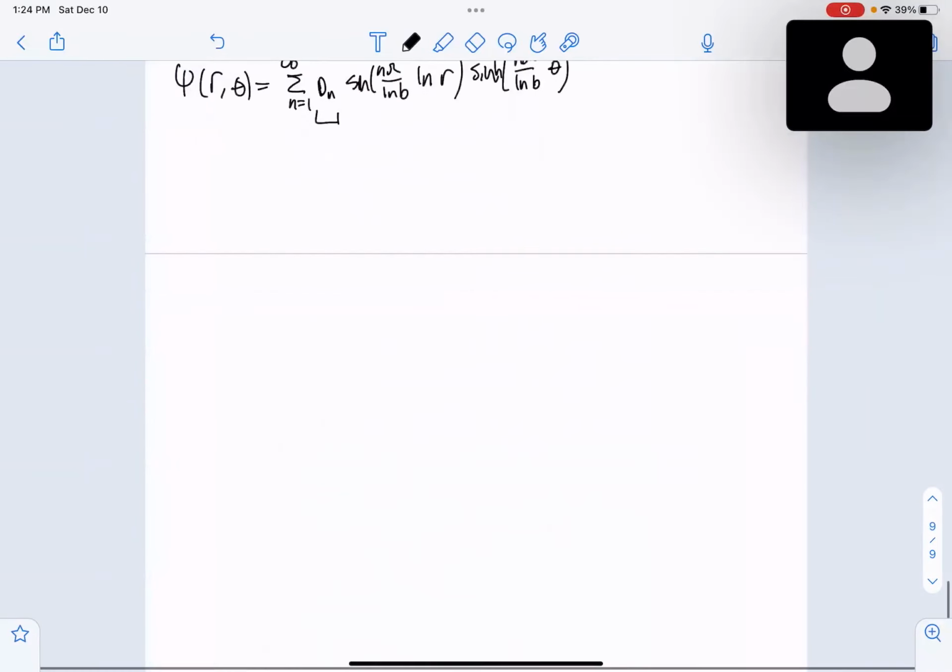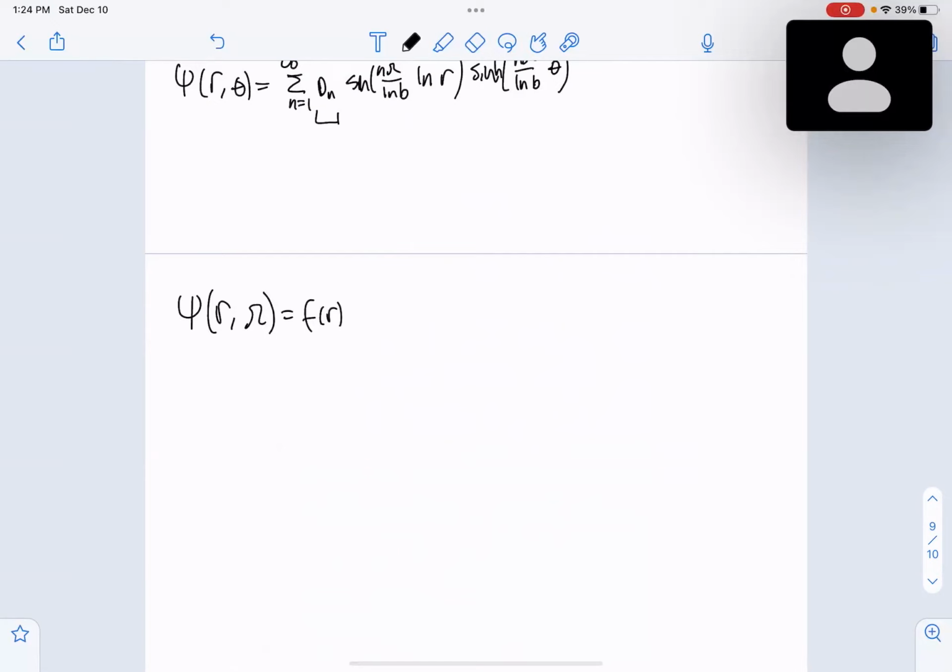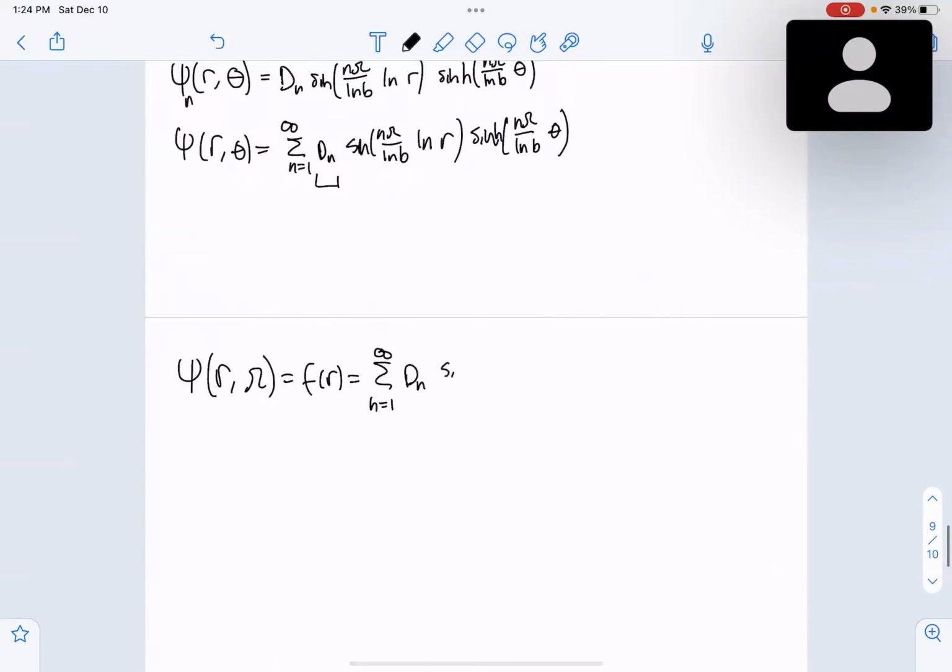We're going to go phi of r, pi is equal to f of r is equal to the summation n equals 1 to infinity of d_n sine of n pi over ln b ln r, sinh of n pi over ln b times pi.